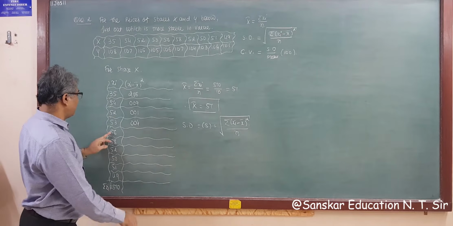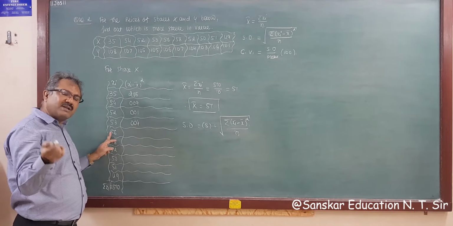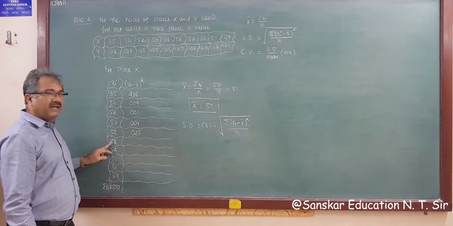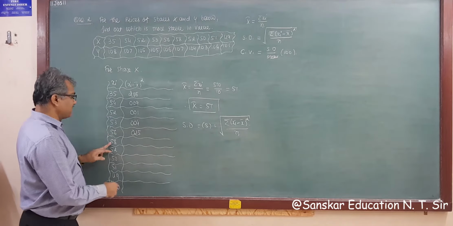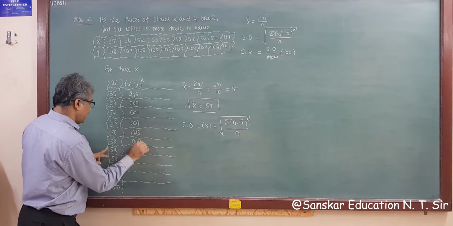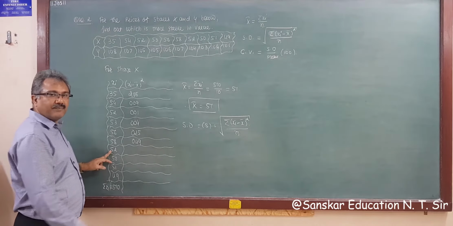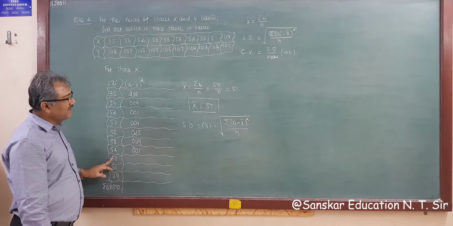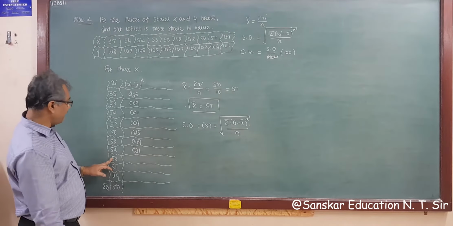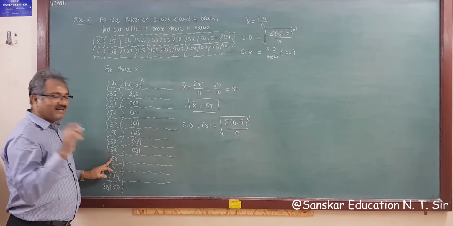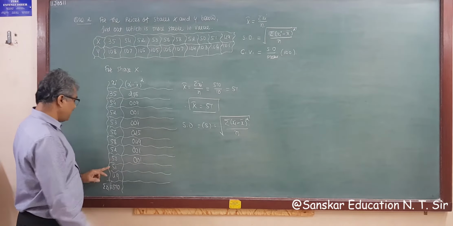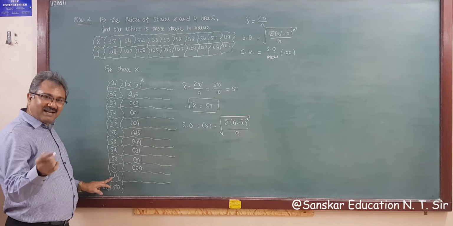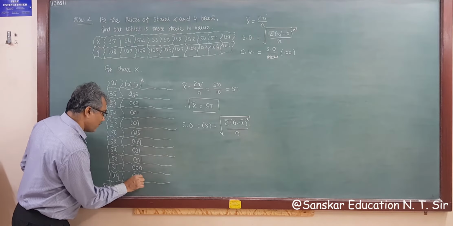Now 56 minus 51 is 5, and 5 square is 25. 58 minus 51 is 7, and 7 square is 49. 52 minus 51 is 1, so 1 square is 1. 50 minus 51 is 1, again the answer is 1. 51 minus 51 is 0. 49 minus 51 is 2, so the answer is 4.